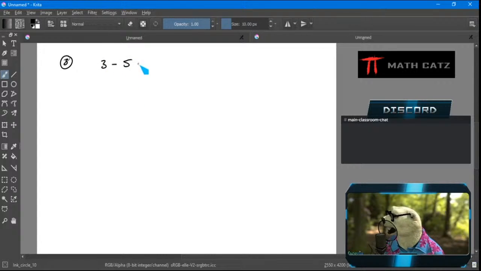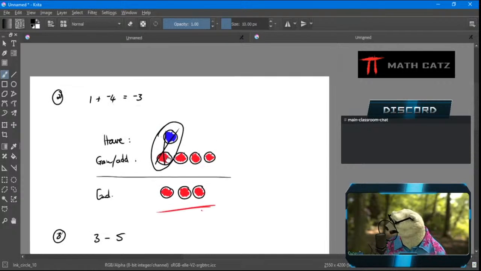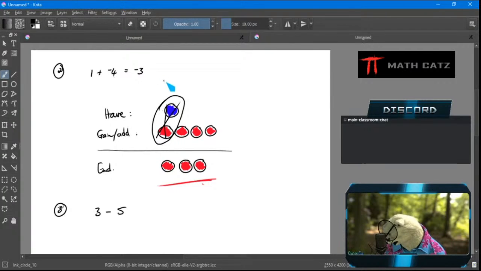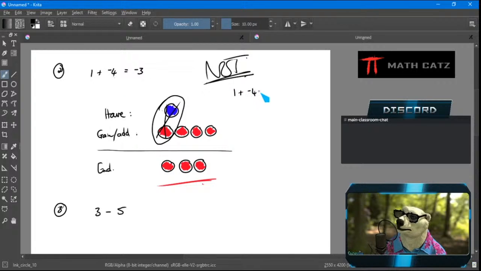3 minus 5. Now, let me just emphasize here, so it's on record, that you are not supposed to here say, oh, 1 plus -4, I know, is 1 minus 4 is -3. That is not what we're doing here. You will get 0.